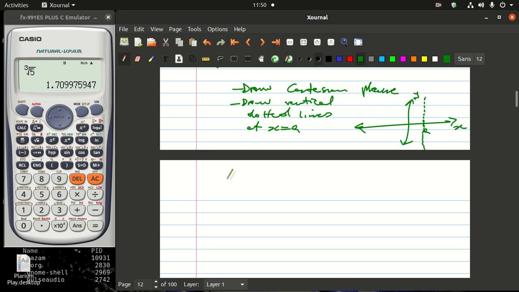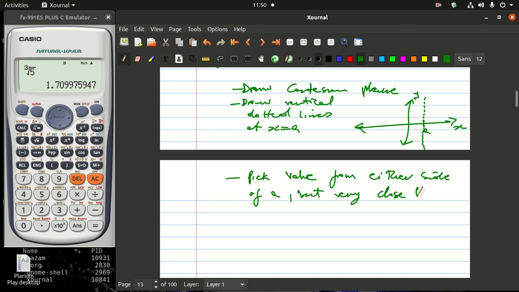And then the next thing that you do, you pick a value from either side of a, but this value must be very close to a. x is equal to a, right?